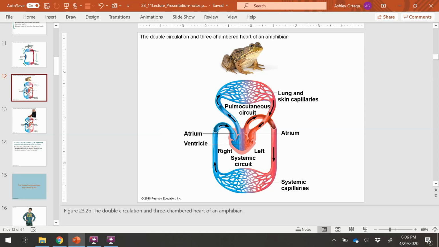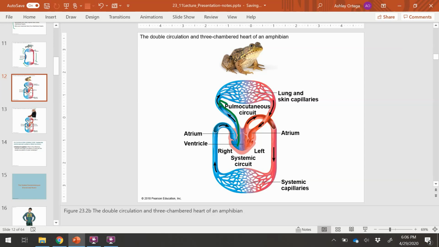The right atrium is right here. That right atrium is going to fill up with oxygen-poor blood. It's going to pump it into the one ventricle right here that this three-chambered frog or amphibian has. And then that ventricle is going to pump it out through an artery that's going to go to the lungs of the frog, or in some cases skin.